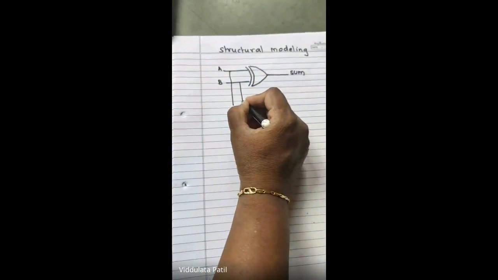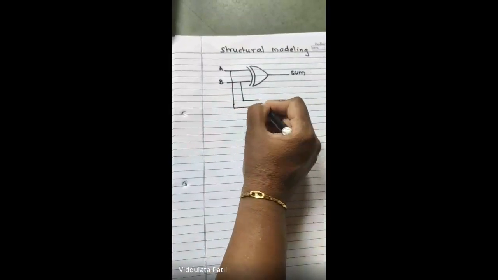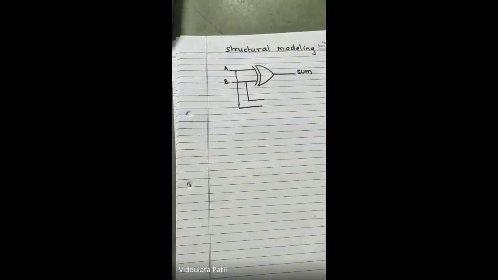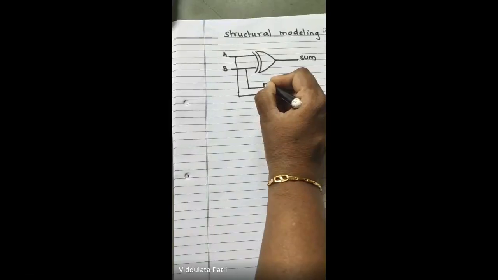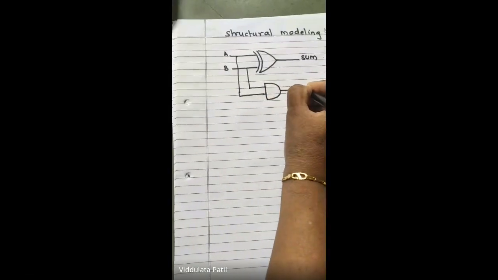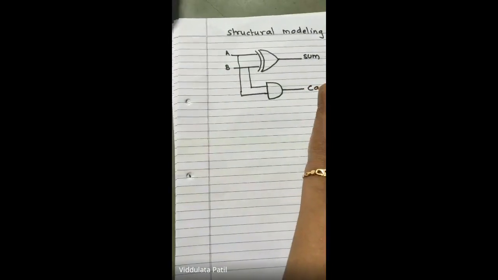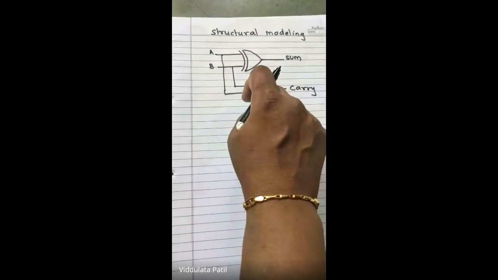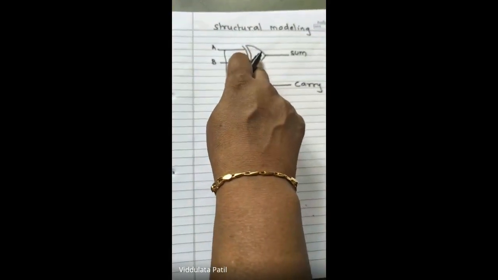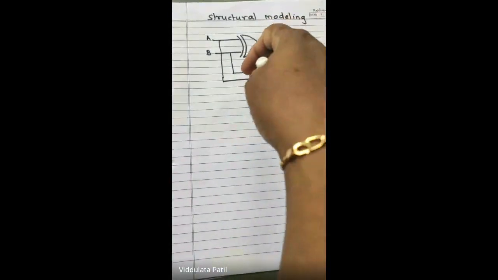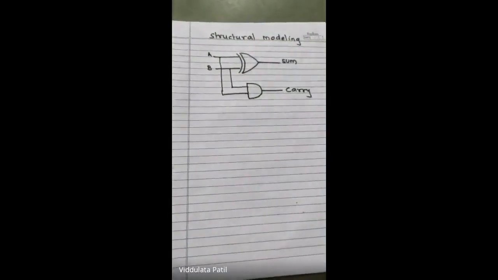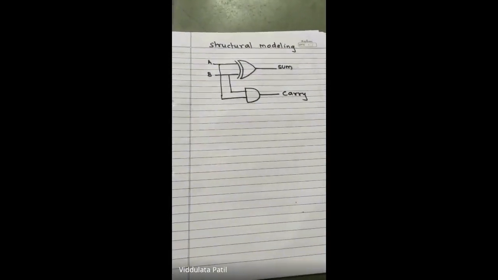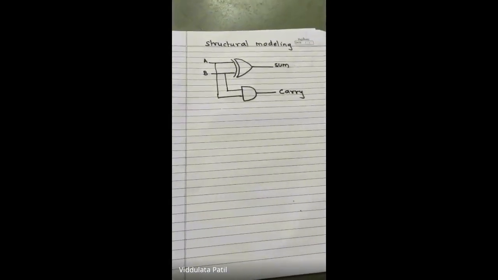That is nothing but using an AND gate, A and B. This is the carry. That means here we have two logic gates: one is the XOR gate and another one is the AND gate. So that is used for the modeling of this half adder.